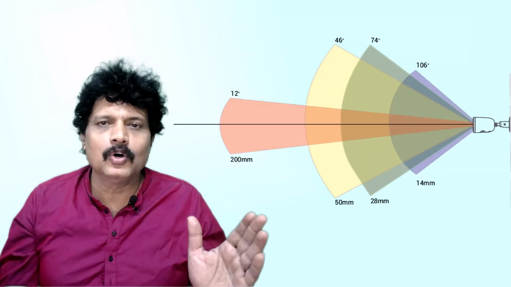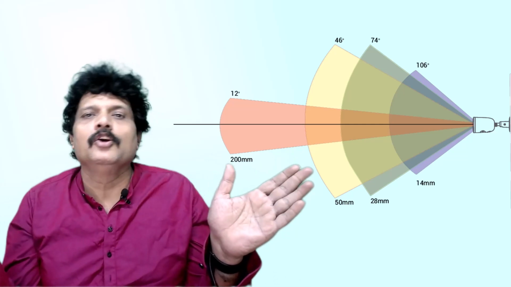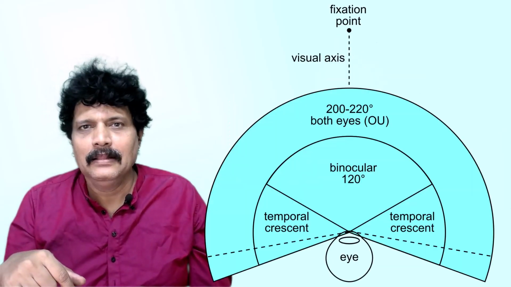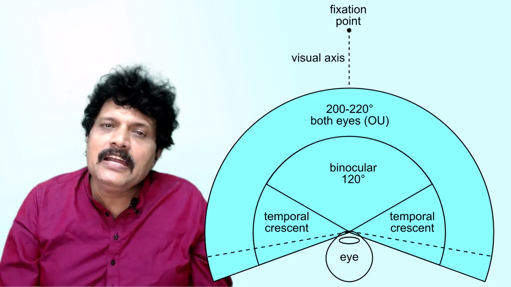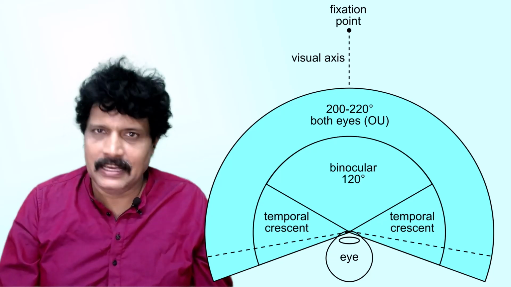As the focal length decreases, the range of image that you are going to see is going to be more. To give you an example, we as humans have a field of view of almost 160 degrees.